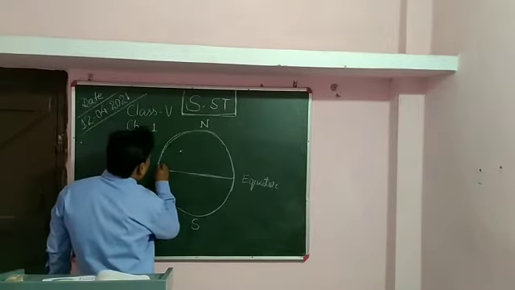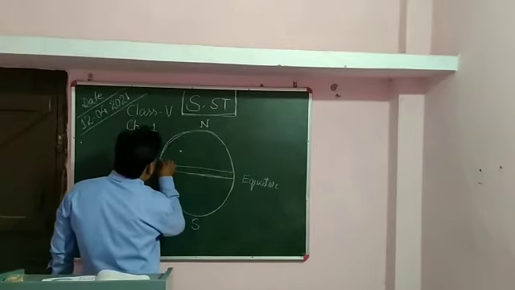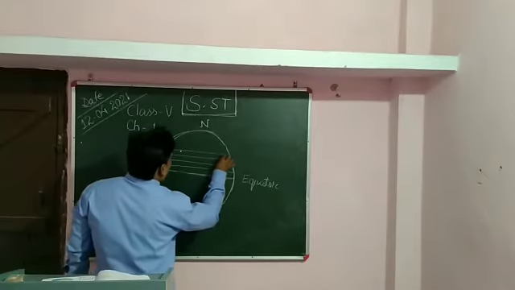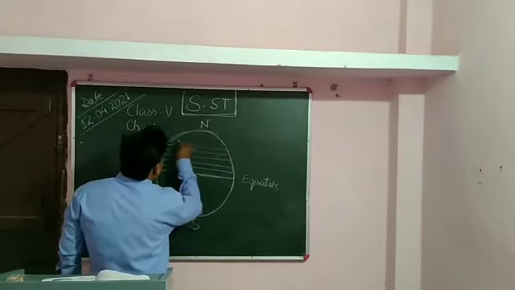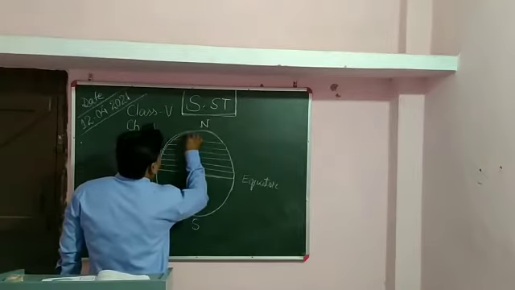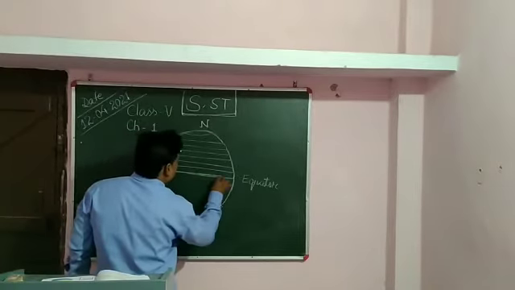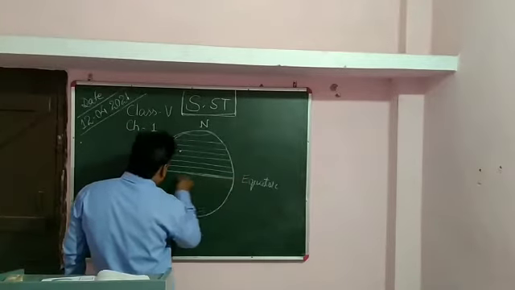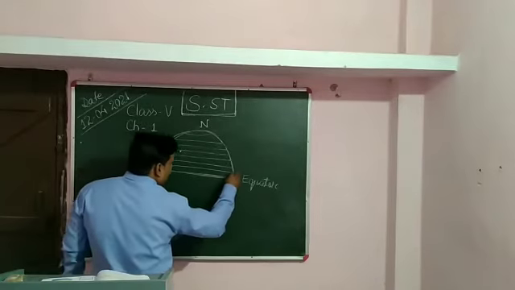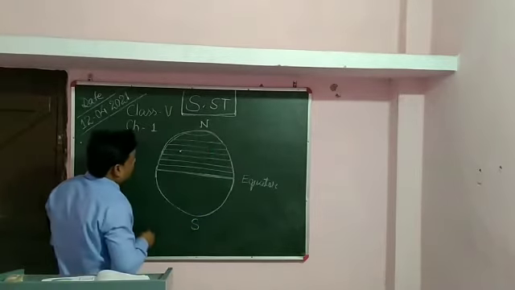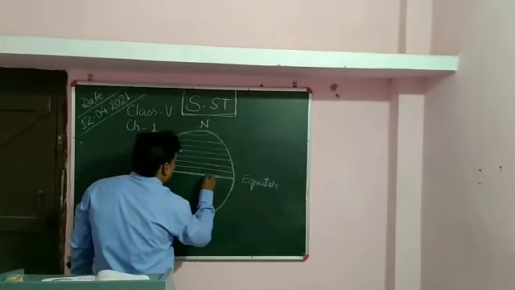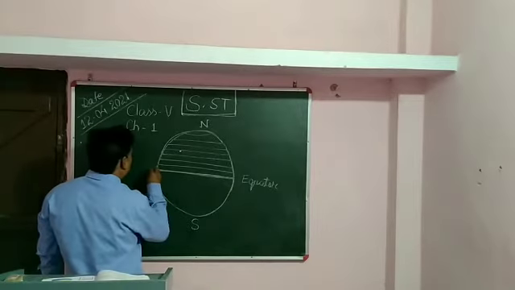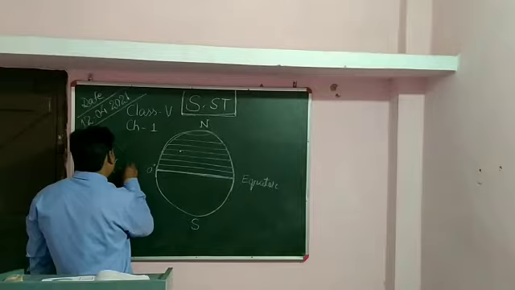Suppose I am drawing lines on this globe randomly, you will find that as I go upwards, the lines are becoming shorter, and this is the longest line, as here the width of the earth is bigger than at any other point on the globe. So this becomes the longest latitude. It is known as 0 degree latitude.